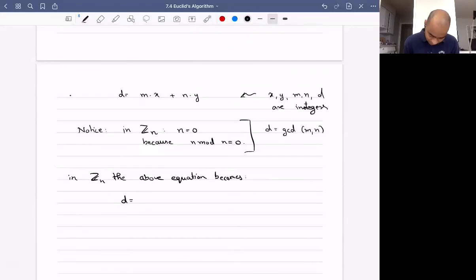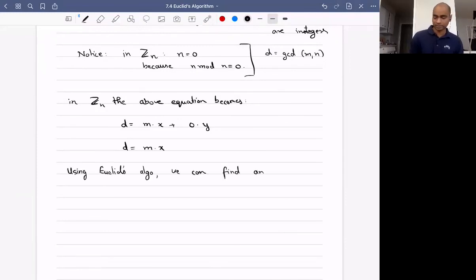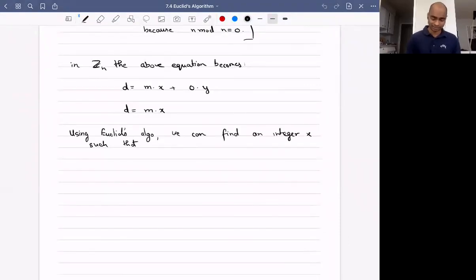d is equal to m times x plus 0 times y, which then is just m times x. So what I'm saying is that in Z mod n, using Euclid's algorithm, we can find an integer x such that GCD of m, n is m times x.